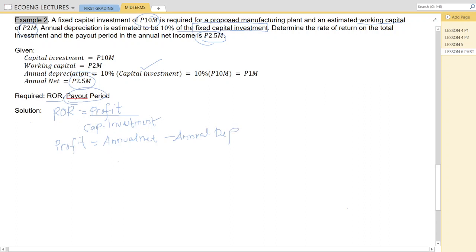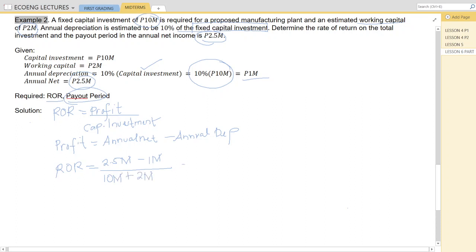So ROR is equal to the annual net income, 2.5 million, minus the annual depreciation, 10% of the 10 million, that is 1 million, divided by the total capital investment, 10 million plus the working capital, 2 million.